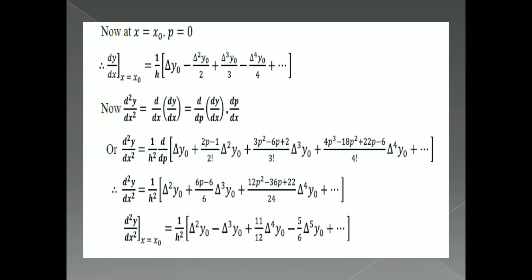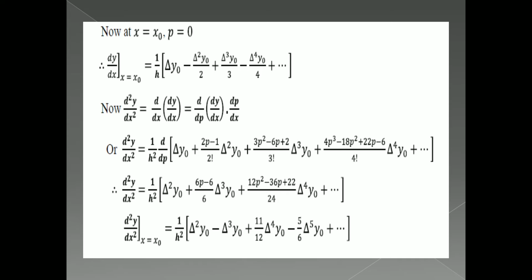See the signs in between the terms, minus, plus, minus, plus, follow this pattern, then we can easily write Newton's first forward derivative of a function y by using Newton's forward interpolation formula.